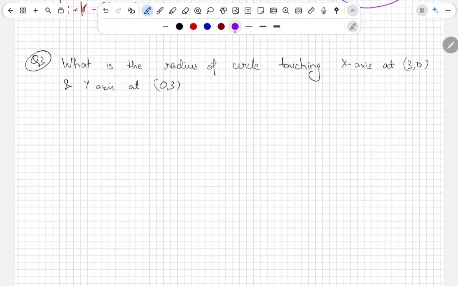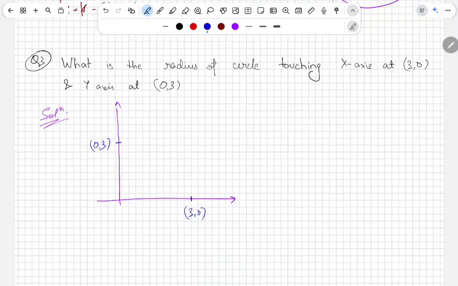Now the question has asked me to calculate the radius of the circle which is touching x-axis and y-axis. Let's try to visualize how this circle will look. The circle is touching 3, 0 at x-axis, 0, 3 at y-axis. So my circle will touch over here and the circle will also touch over here. Okay, the circle is touching at 2 points.